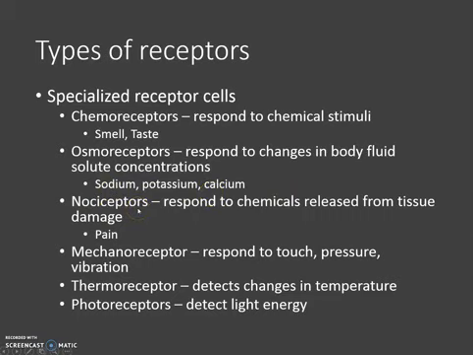Nociceptors are receptors that detect pain. And pain is just caused by chemicals that are released from tissues that are damaged. So when a tissue is damaged, it releases these chemicals which bind to the nociceptors, and then the nociceptors send that sensory information to the brain where it is perceived as pain.